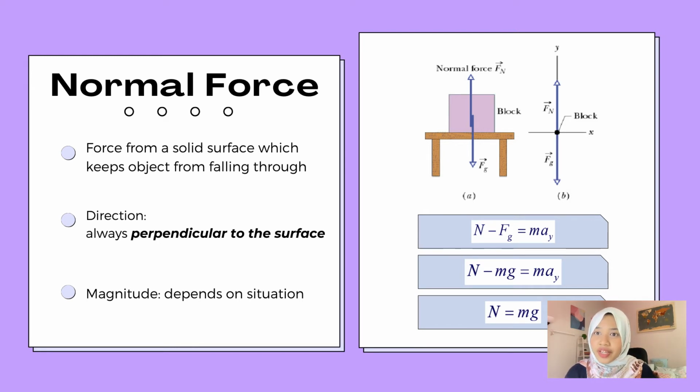And if you want to get the value of normal force, you can use the formula of force, which is force equal to ma. And if you derive the formula, you can get the normal force equal to mg, because there is only gravitational force and normal force in the situation.